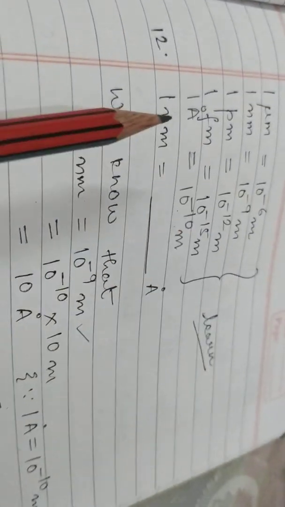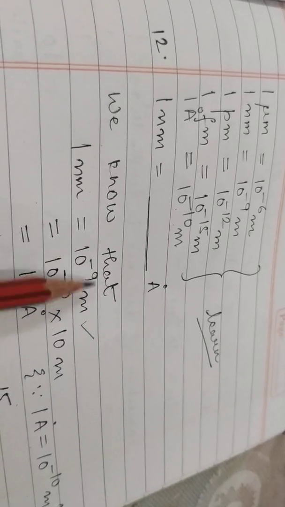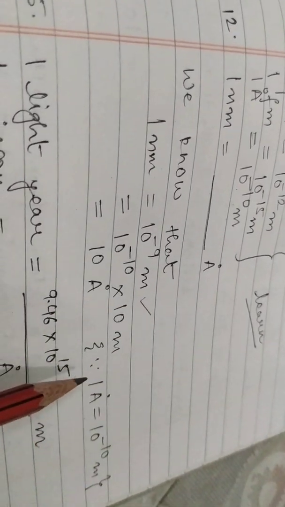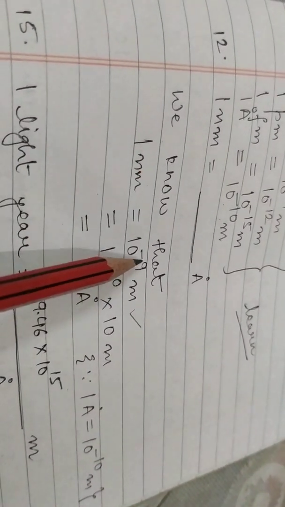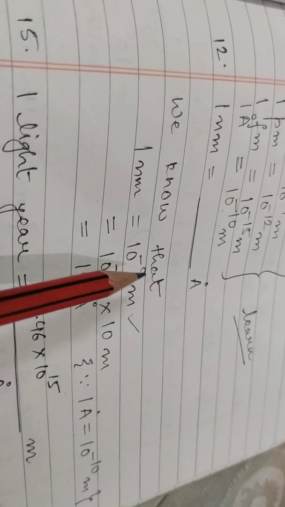First of all, what is given? 1 nanometer. So 1 nanometer is equal to 10 to the power minus 9 meter. This is the relation I already know. And I know that 1 angstrom is equal to 10 to the power minus 10 meters. Let us make this quantity 10 to the power minus 10.